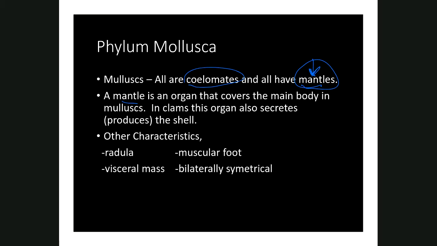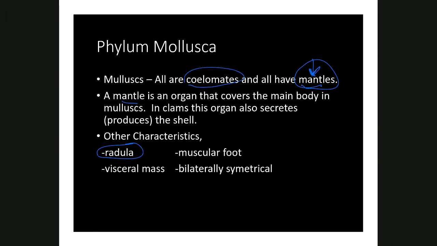Their mouth is composed of a radula, which can be varied. It could be something as simple as something that scrapes food off the rock, a scraping mouth, or it can be a sharp mouth that can tear at flesh.